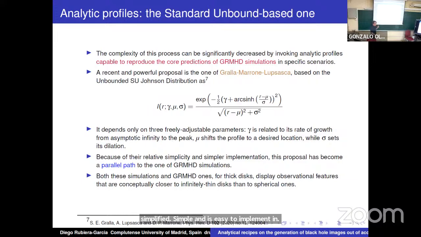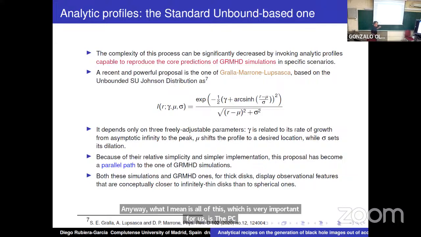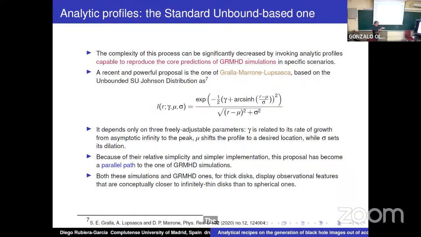Anyway, one main result of these simulations, which is very important for us, is that the general relativity magnetohydrodynamic simulations agree on the following. The geometrical shape of the disk can be a bubble, some infinitely thin disk, or something in between. But these two extremes, the spherically symmetric and the infinitely thin, display completely different observational properties in terms of shadows and photon rings.